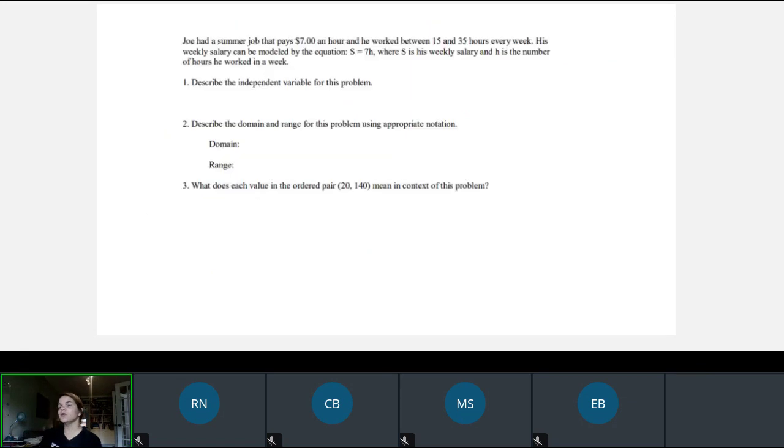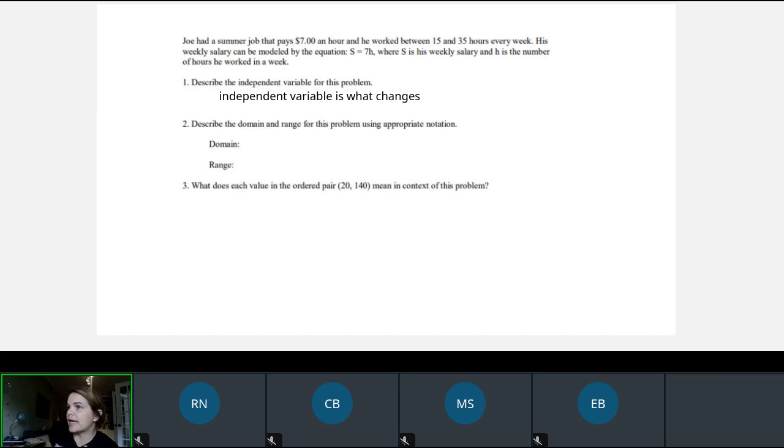Okay, for your slide number 5, part 1 says describe the independent variable. Remember that an independent variable is what changes. Okay, so when we read this problem, you're not going to type that in.